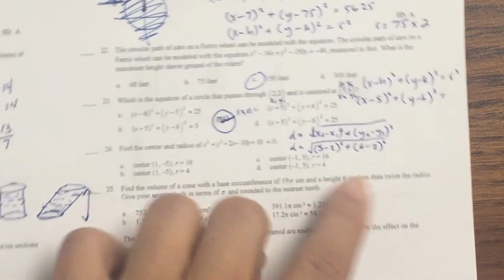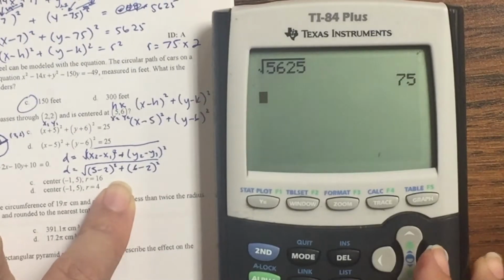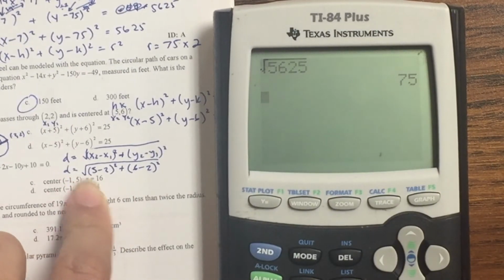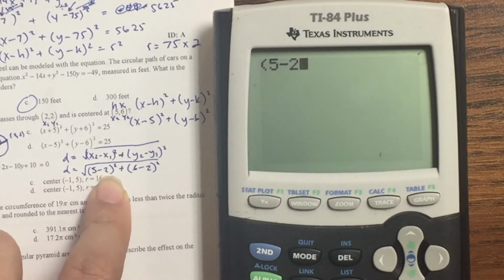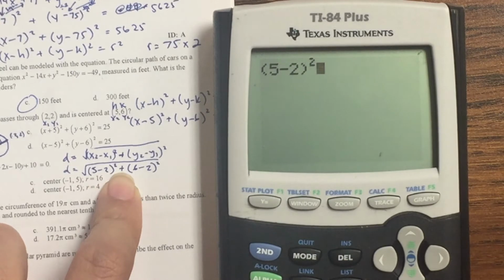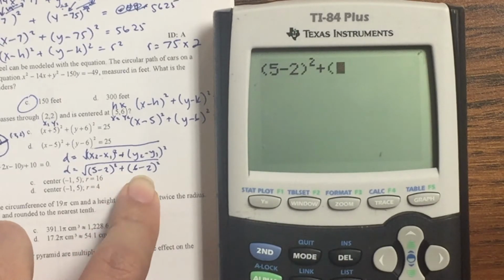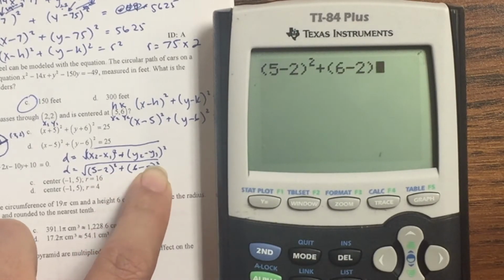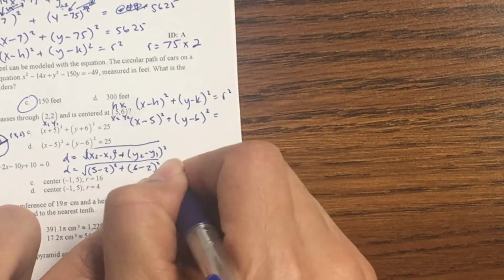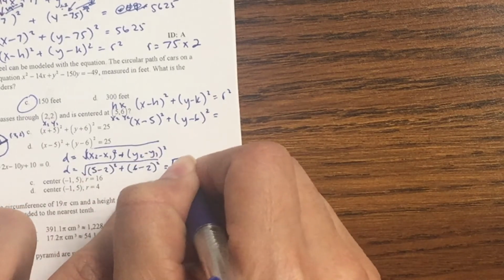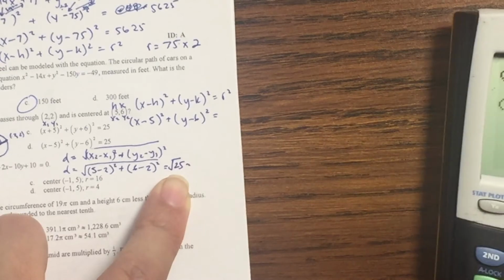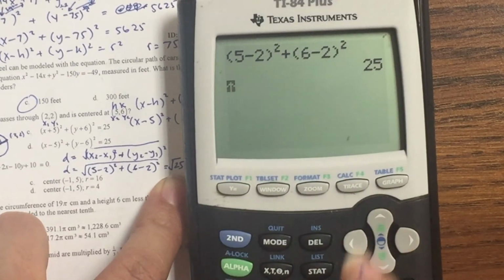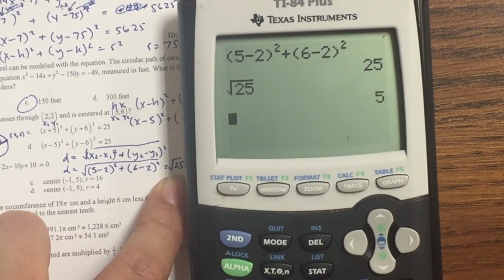Put all that in the calculator, without the square root first, exactly how you see it: open parentheses, 5 minus 2, close parentheses, squared, plus open parentheses, 6 minus 2, close parentheses, squared, equals 25. So distance is the square root of 25. The only reason I did that is in case it was a decimal. The square root of 25 is 5.